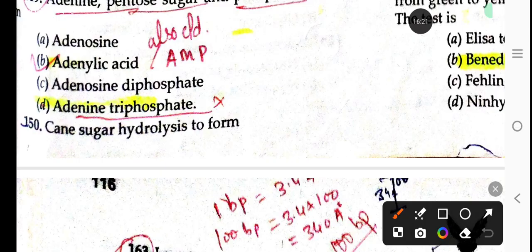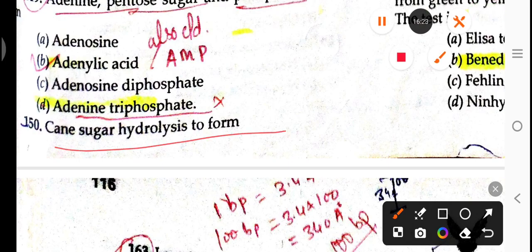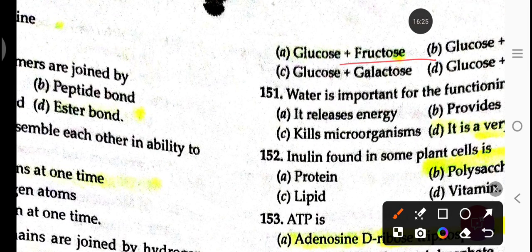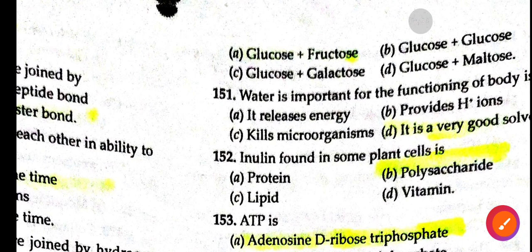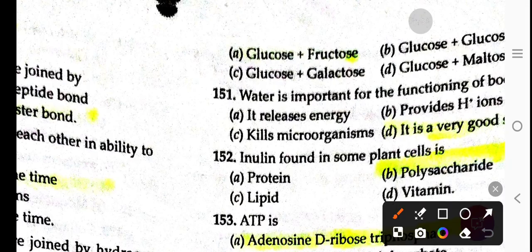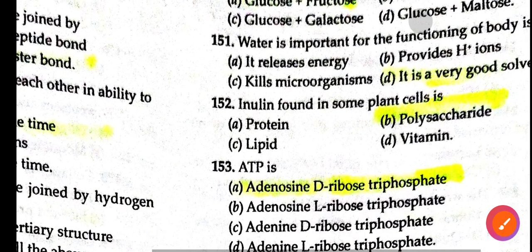Cane sugar hydrolysis to form, so it is glucose and fructose. Option number is the right answer. What is important for the functioning of body? Because it is a very good solvent. Option number D is the right answer. Next, inulin found in some plant cell is a polysaccharide.